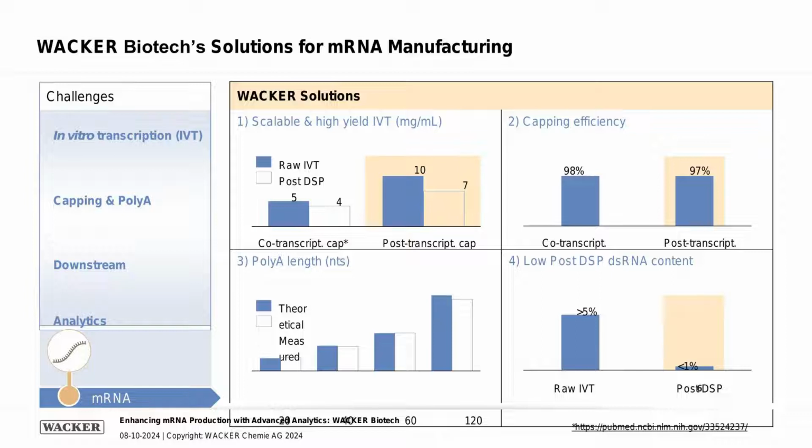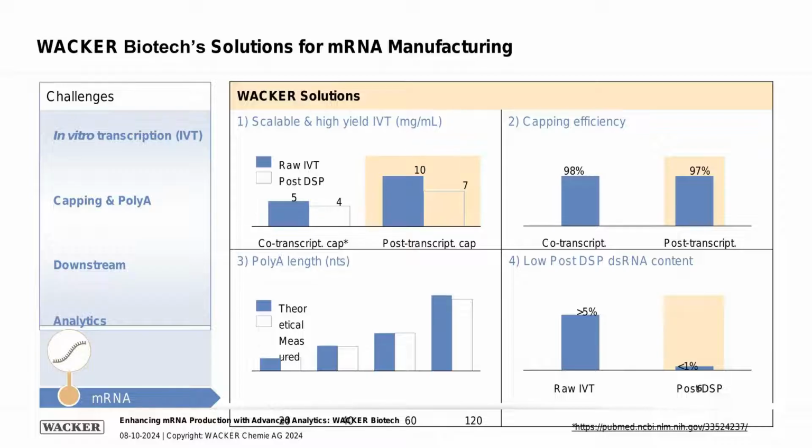But you also don't have to take a loss in capping efficiency for this post-transcriptional capping. So we see very similar capping efficiency. And also our RT-PCR-based method of poly-A length determination shows that the poly-A lengths we produce also match with the aimed size.